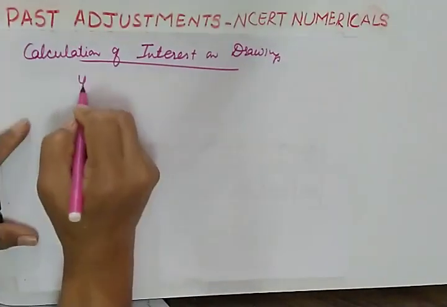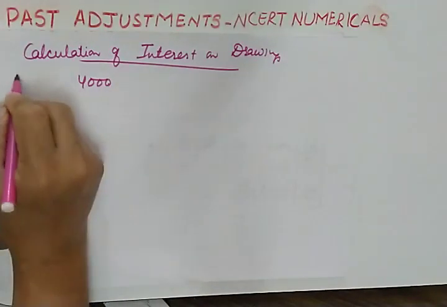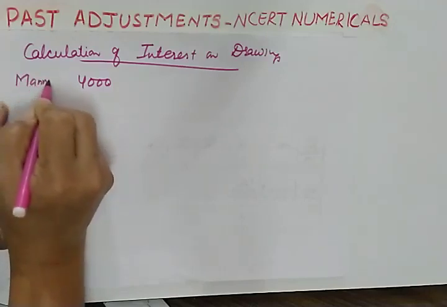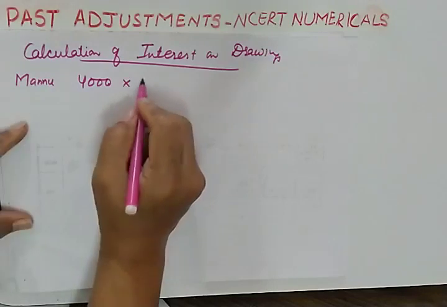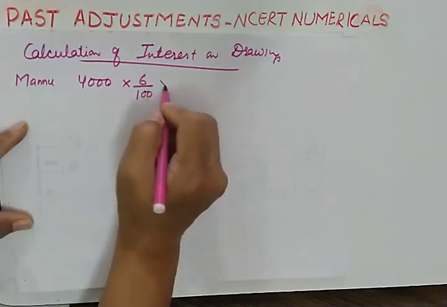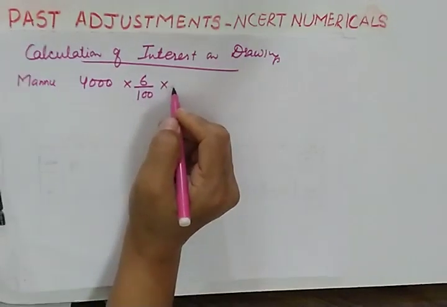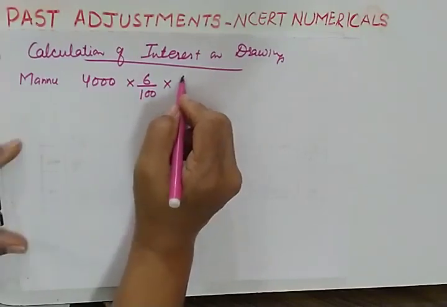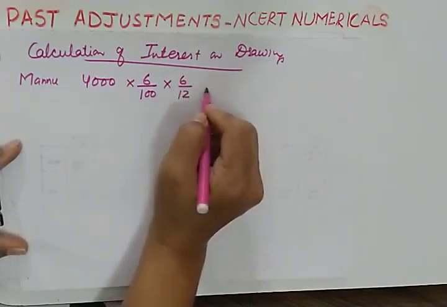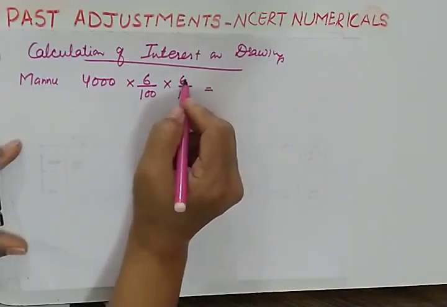Drawings are given 4,000 in case of Manu. And what is the rate of interest on drawing? Rate of interest on drawing is 6%. It is given that on average basis, for 6 months, so you will multiply this by 6 upon 12.